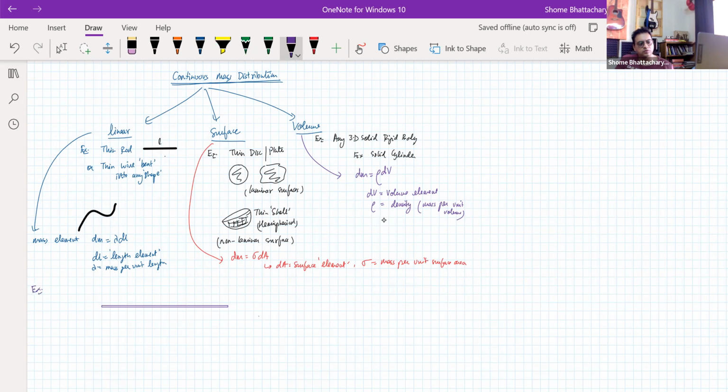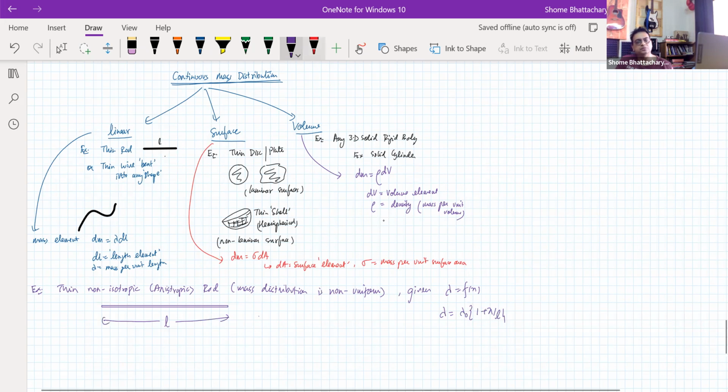So we have a thin but non-isotropic, or what is also called anisotropic rod, for which it is given that lambda is a function of x, where the length of the rod is L and x is the distance of any point inside the rod from one end. Here lambda naught is a constant.